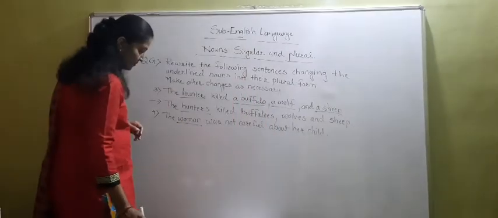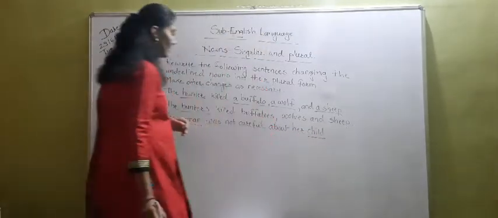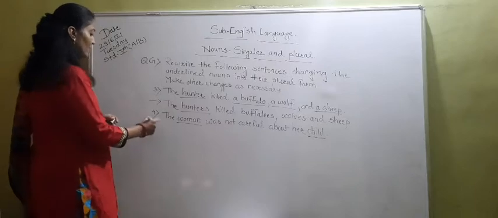Okay? We have to underline these words, woman and child. Then we have to make plural. Okay?